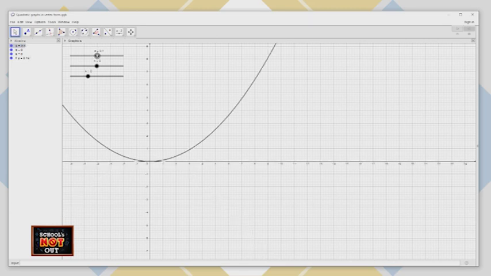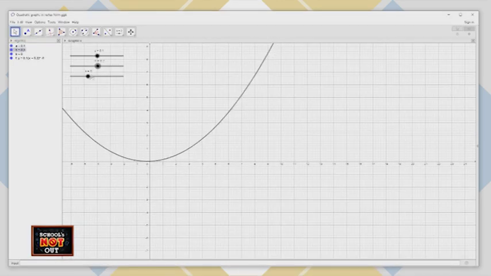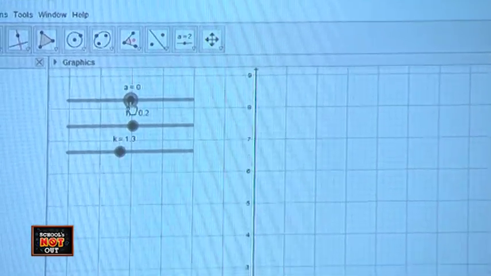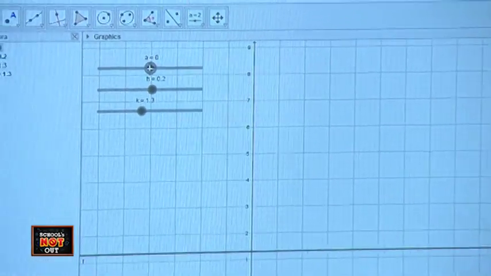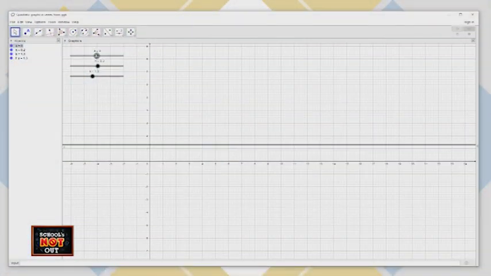All right, so let's look at what's happening now with A being 0. How does that look, Brittany? Well, that looks like a straight line. It looks like a straight line. There is no curve anymore.